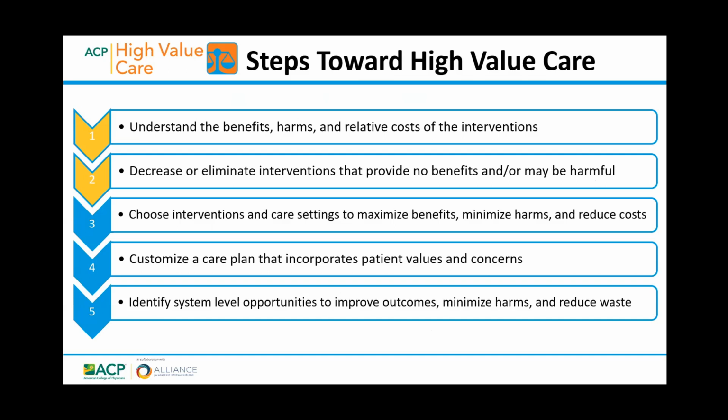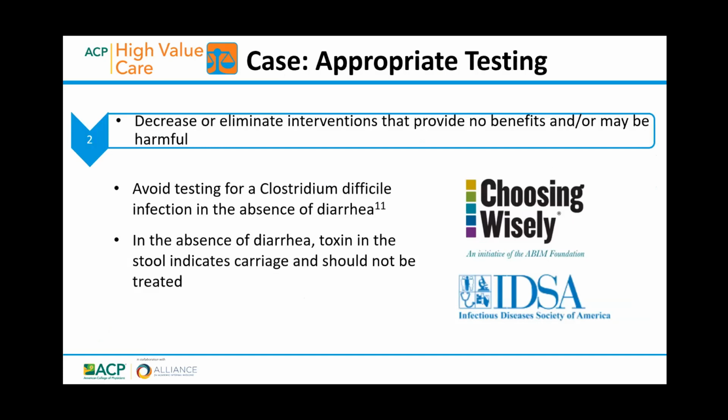So when we are looking at this case, we're going over the benefits and harms and relative costs, trying to decrease or eliminate interventions that provide no benefit, and choosing interventions and care settings to maximize benefit, minimize harm, and reduce costs.